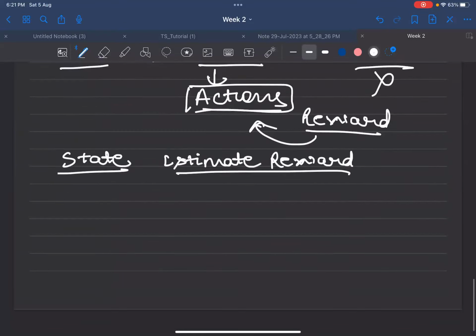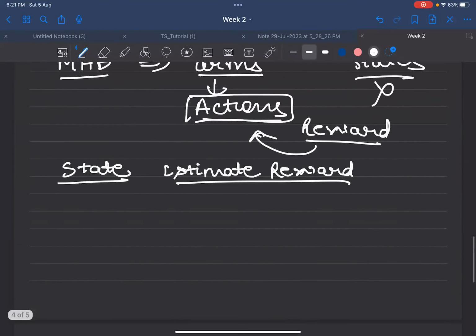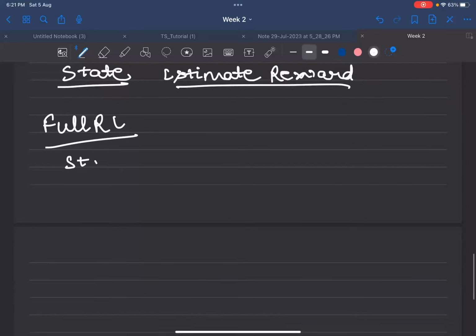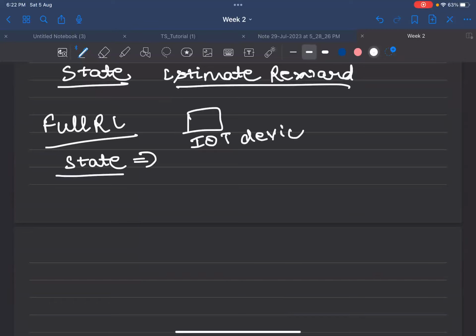Okay. Let's come to this full RL. I'll just give you a gist, then we'll go to full RL in detail afterwards. Suppose, let me give you an example. I'm in a state. Suppose there is an IoT device, and this is the server.